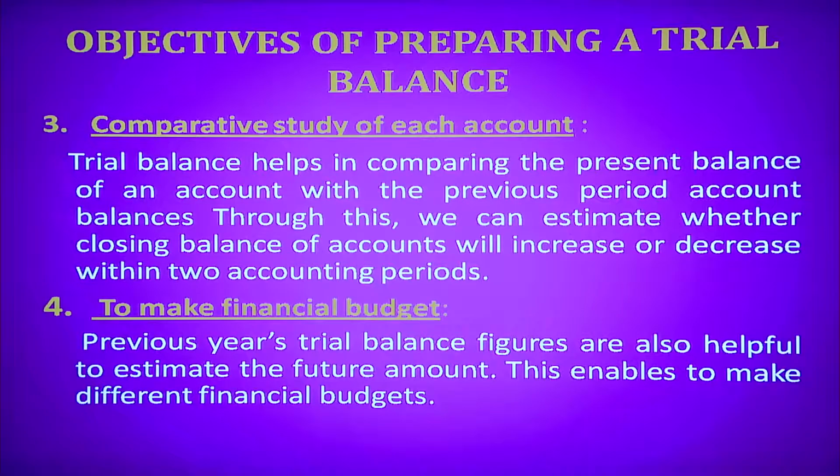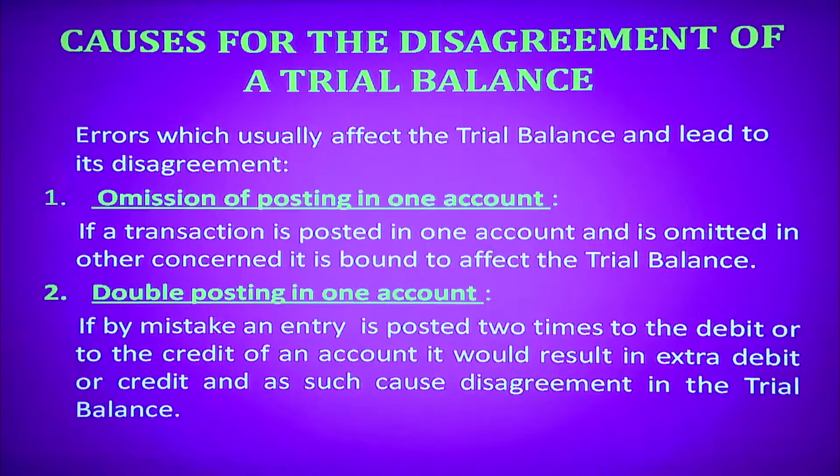And the last objective is to make the financial budget. Previous years' trial balance figures are also helpful to estimate the future amount. This enables us to make different financial budgets. So, what are the causes of such disagreement in a trial balance? These are the causes. The first is omission of posting in one account.